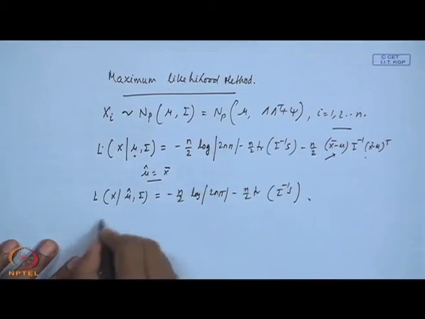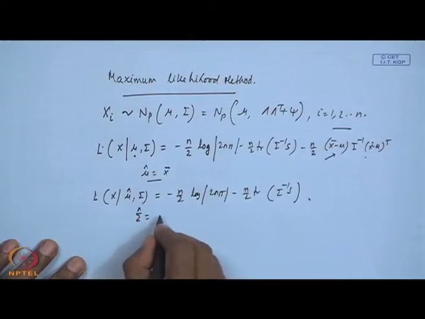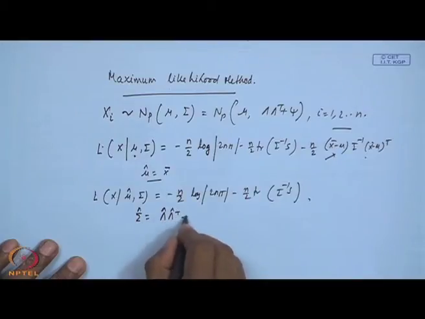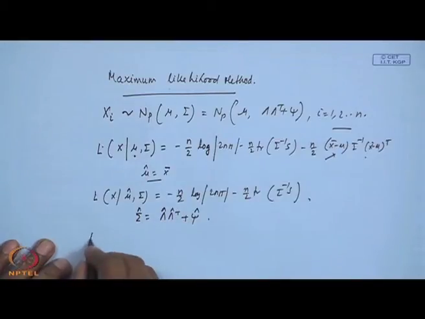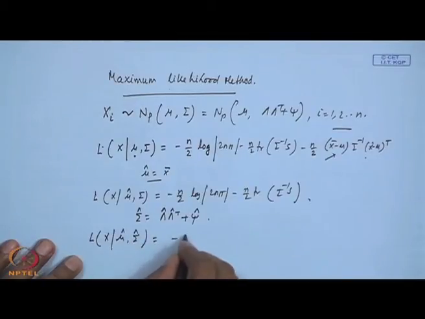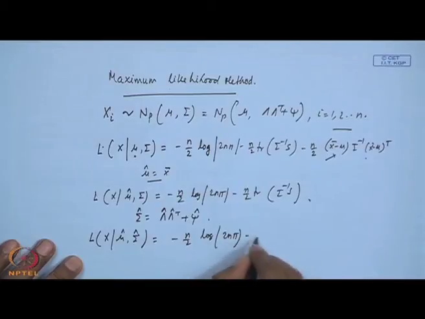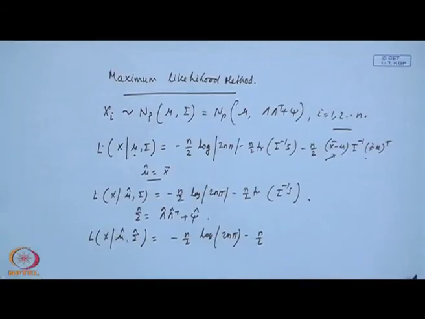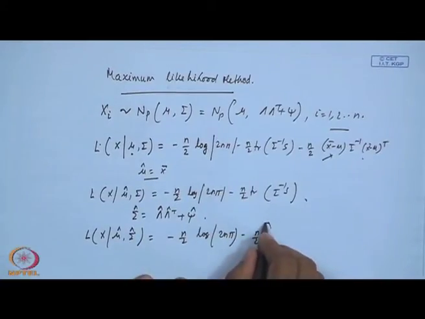Now, if we say that sigma cap is Lambda cap Lambda cap transpose plus psi cap, then this function will become minus n by 2 log 2 pi minus n by 2.